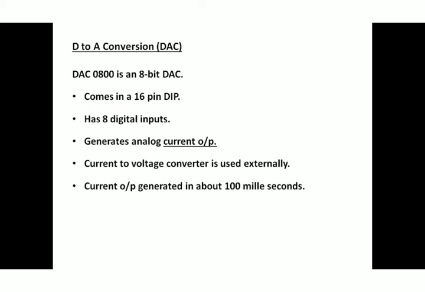A current to voltage converter is used externally to convert the analog current signal into a voltage signal. The time required for converting a digital signal into analog, the settling time, is specified for the DAC 0800.